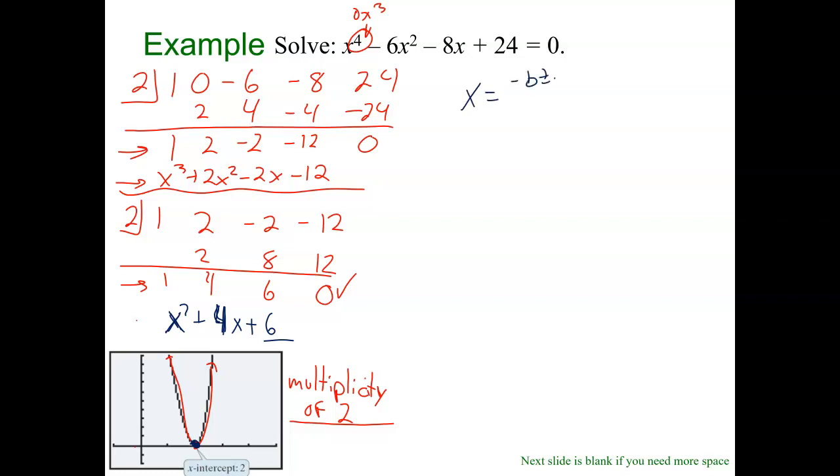So negative b plus or minus the square root of b squared minus 4ac, over 2a. What's my b value? 4.